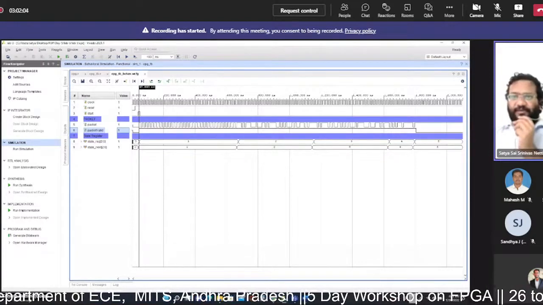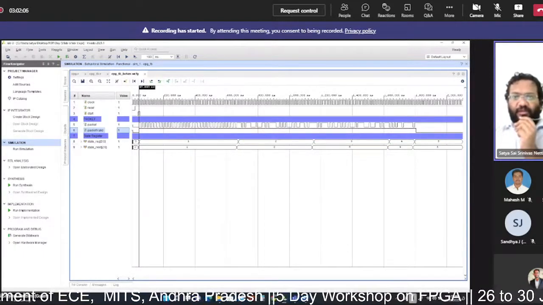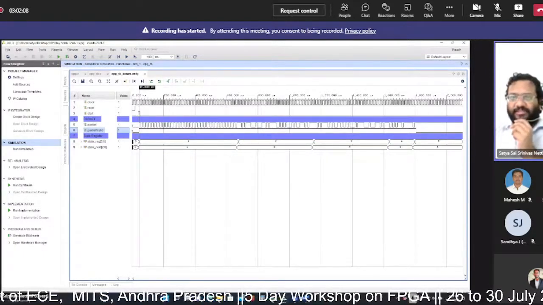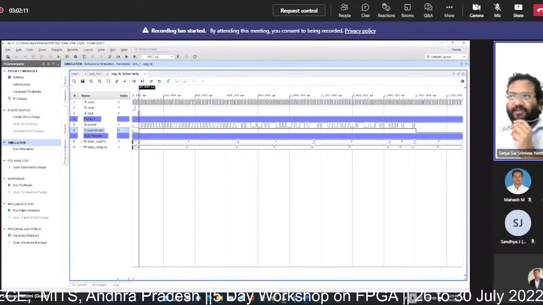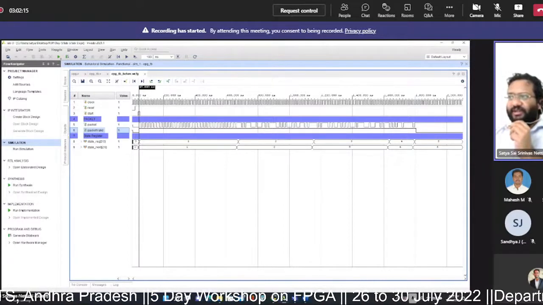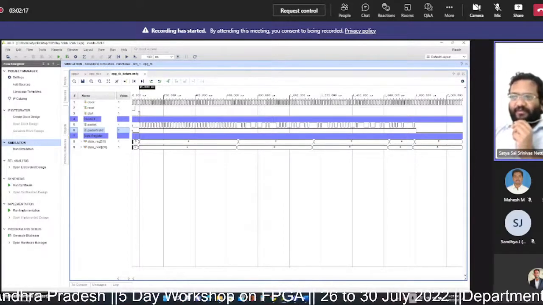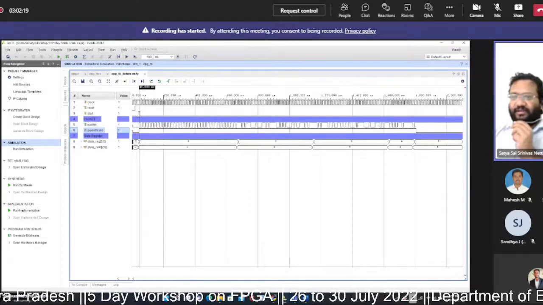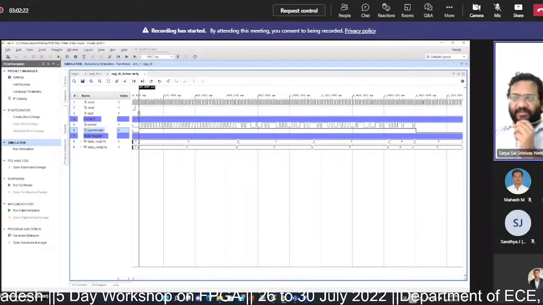Since we need to load the frame with the data samples, what I did is take a FIFO generator. I stored the data in the form of bytes.